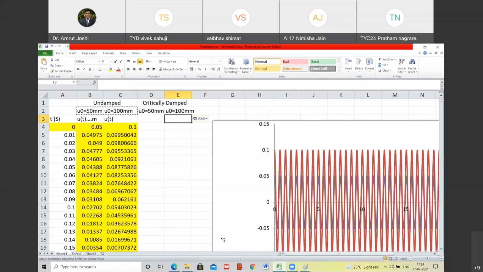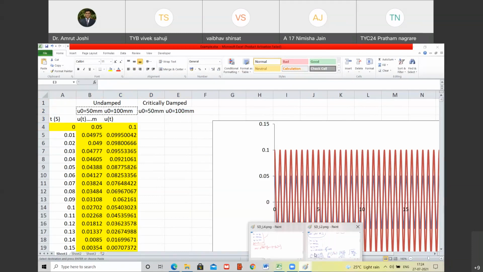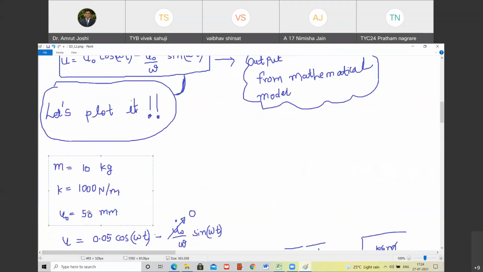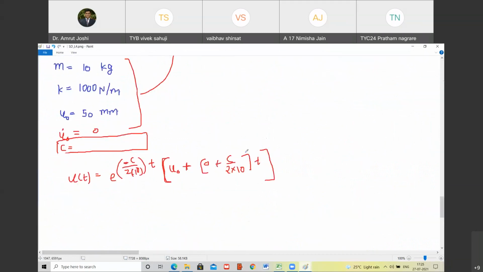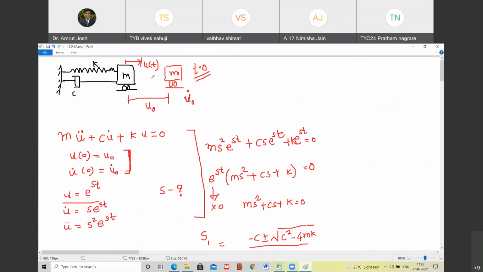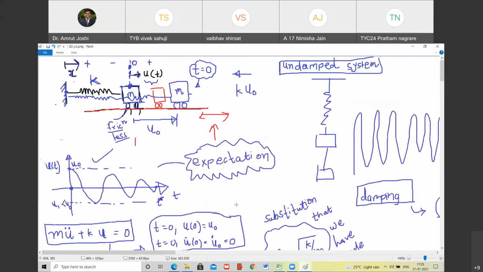So two situations. In case number 1, I am going to have u0 equal to 50 mm, that means I would have plucked this mass by 50 mm towards right. And in the second situation, I would have plucked this mass by 100 mm towards right, and then I will release it. So I am considering two cases.